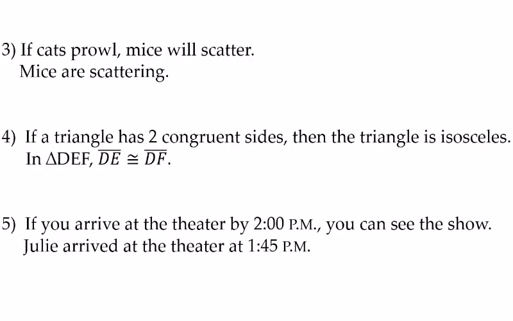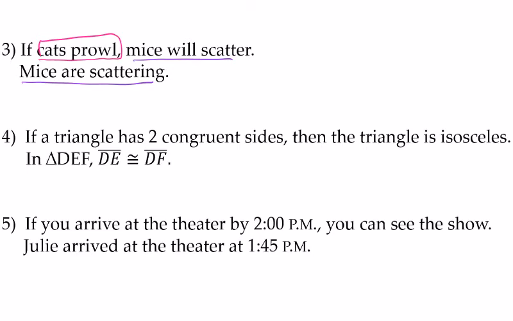All right, so let's take a look at number 3. If cats prowl, mice will scatter. So the hypothesis is cats prowl. Conclusion, mice will scatter, right? So here it says mice are scattering. Does that match up with the hypothesis? No, it doesn't. This is actually the conclusion.